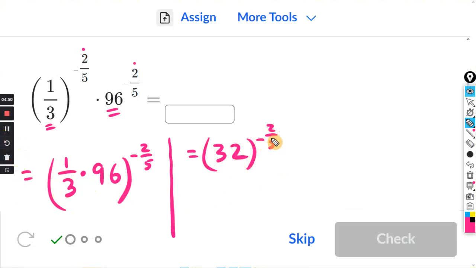Now, since this exponent is negative, we can move this whole thing into the denominator and change the sign. You can pretend that this is divided by 1. Okay, and I'm going to move this whole thing into the denominator. So that is going to be 1 divided by 32 to the power of 2/5.